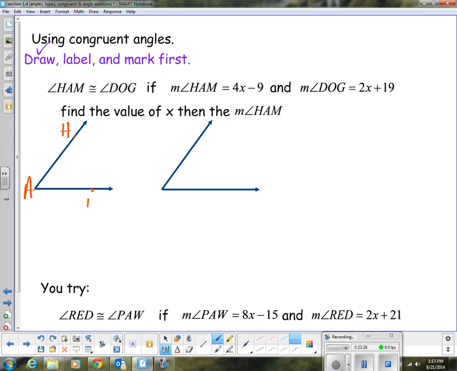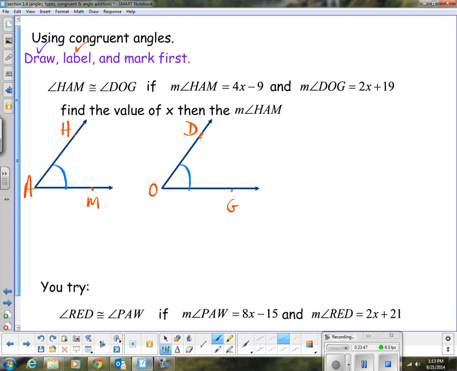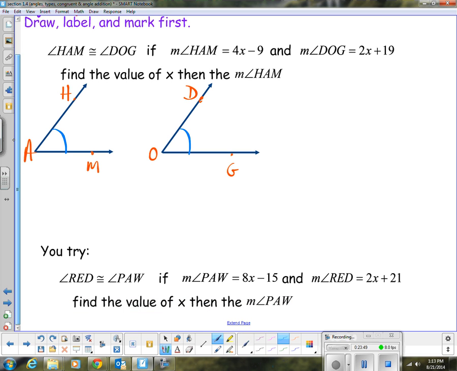H-A-M, that's been labeled. And now D-O-G, that's been labeled. Now the label piece is done. How do we mark the diagram to show congruence? We put an arc here, we put an arc here. Now it doesn't matter whether they look congruent. As soon as you see those marks, you know it is congruent.